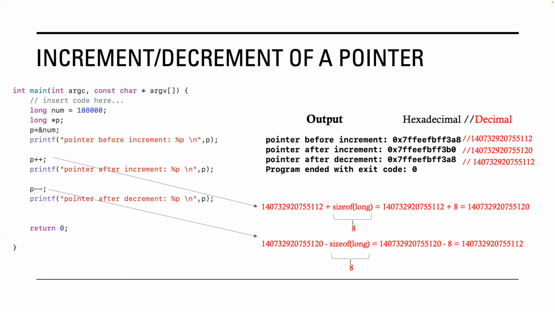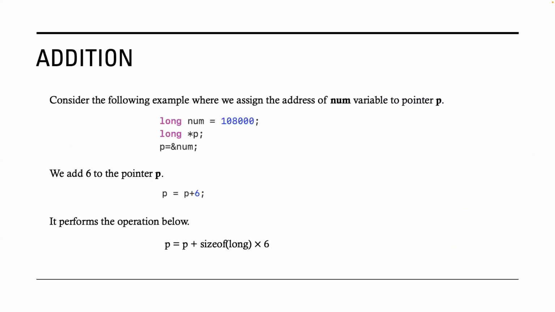Here you can see an example with long data type. Okay, next thing is addition. You can add some integer number to the value of a pointer. However, it does not work like addition of numerical values.